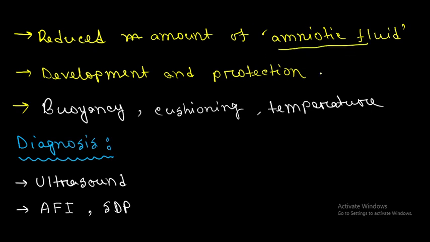And what is amniotic fluid? It is the fluid that plays a crucial role in the development and protection of the fetus, and it is the fluid that the fetus is submerged in.